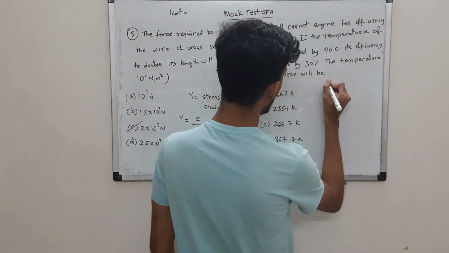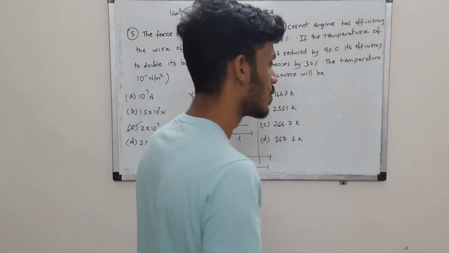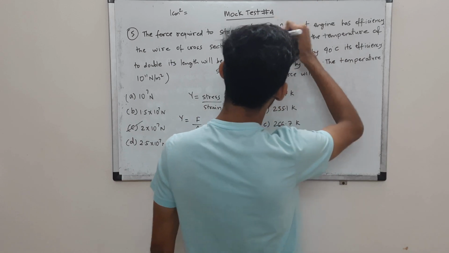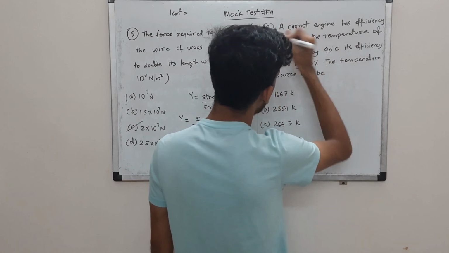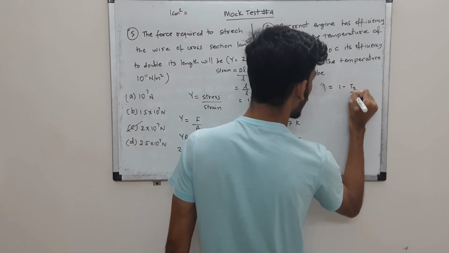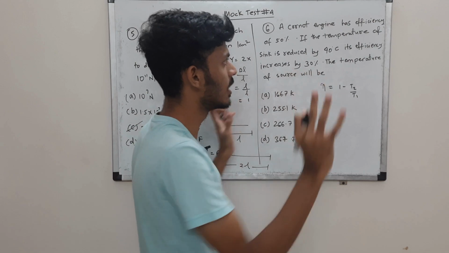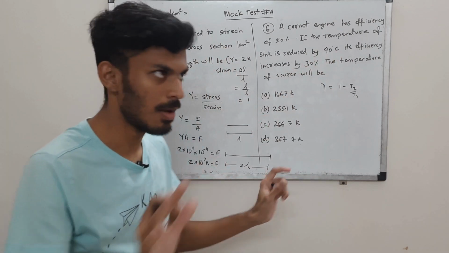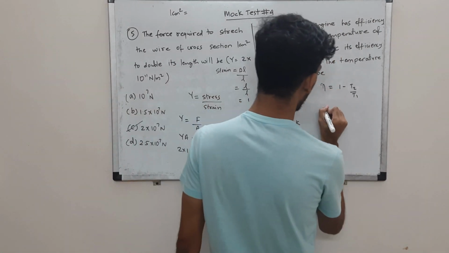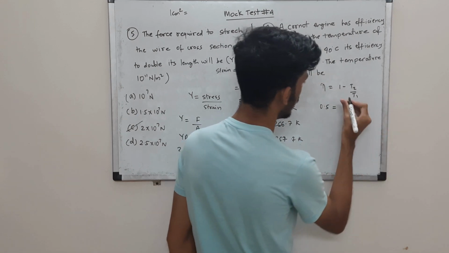Okay, so first of all, we will get two equations. You are just supposed to solve those two equations. So the first equation comes from this. Efficiency of the engine is 1 minus T2 by T1. These are the initial temperatures, suppose. So in the initial condition, the sink temperature is not reduced. So this efficiency is 50% or 0.5. 50% is 50 by 100, right?